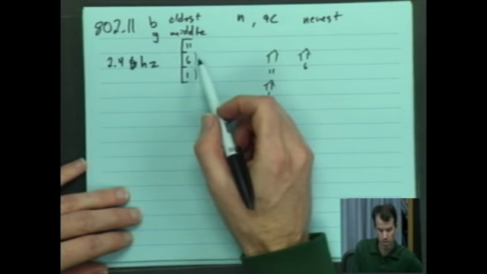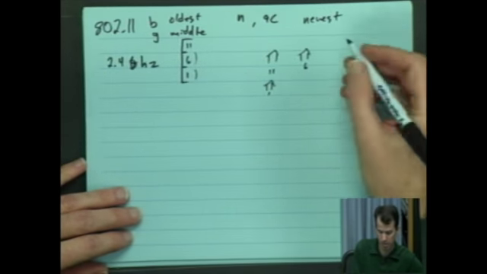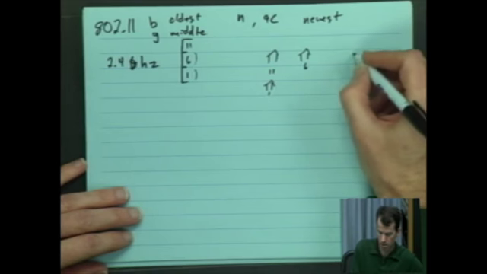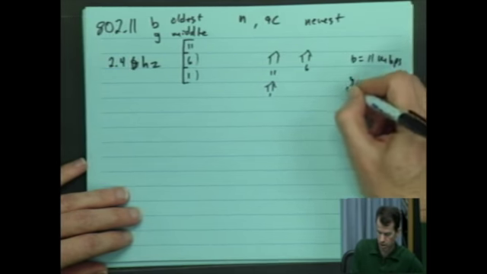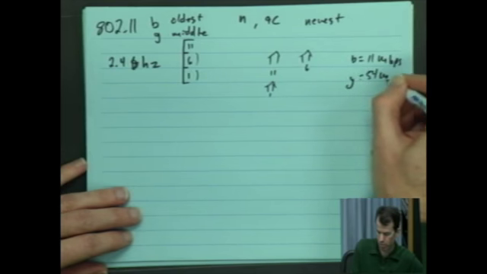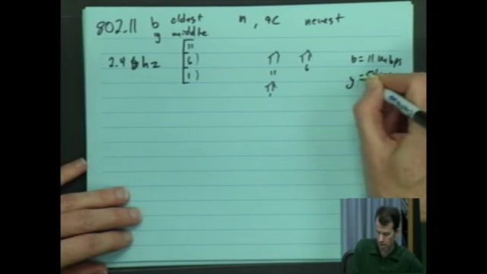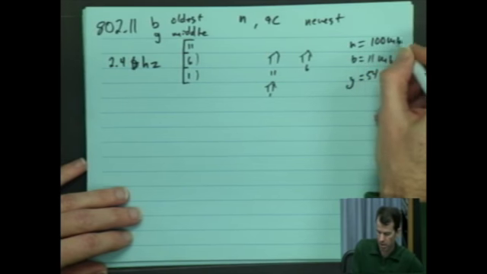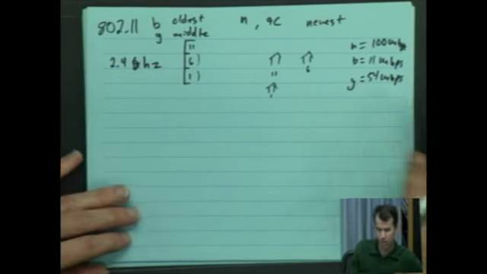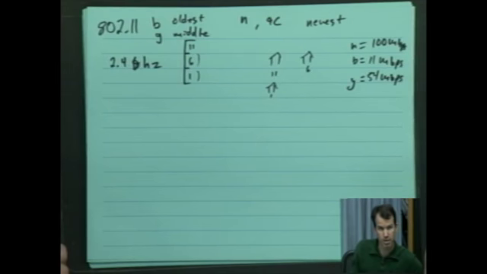With B, one of these channels would get you 11 megabits per second. With G, we got 54 megabits per second. And with N, and this depends a lot on a few other things, you get about 100 megabits per second. All right?